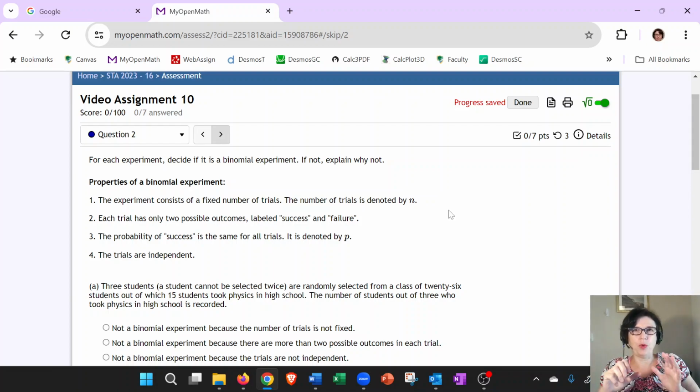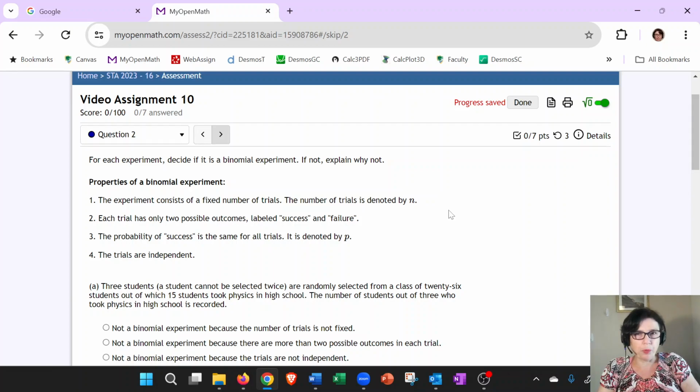So here, if you are selecting people from a very large pool of items, it doesn't matter really whether it's with replacement or without replacement, in other words, is it possible to select a person twice or not? If it's a large pool of items, it really doesn't matter, and we can assume that the trials are independent.